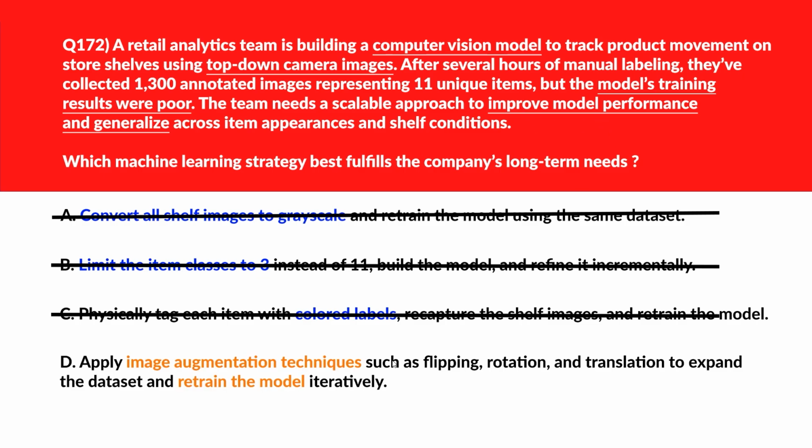We'll move to now option D. D says apply image augmentation techniques such as flipping, rotation, translation to expand the dataset and retrain the model iteratively. Image augmentation with retraining increases dataset diversity and improves generalization without requiring new data collection. Therefore, option D is the right answer.